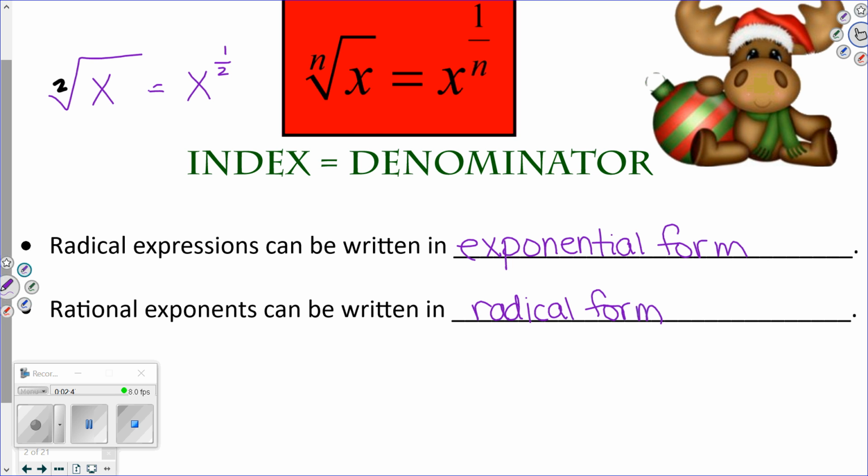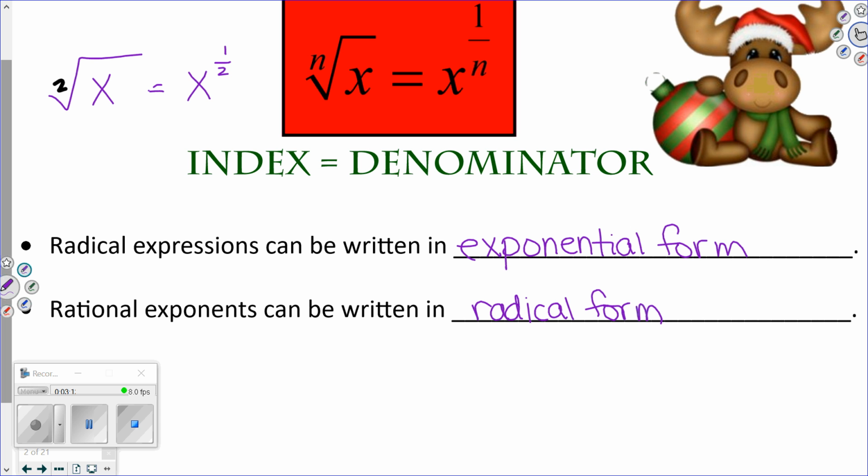The reason we do that is because if I'm multiplying a cubed root by a fourth root by a fifth root, they're not the same root, so we can't multiply them, like we talked about. If one's a square root and one's a cubed root, I can't multiply those together. They're not like terms. But if I rewrite them with a fraction for an exponent, what do you do with exponents when you multiply?